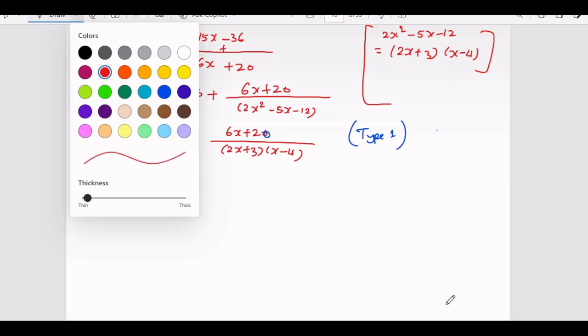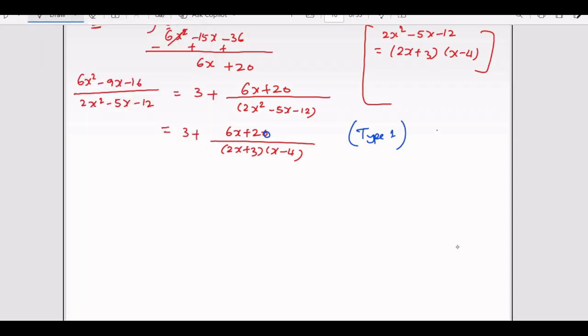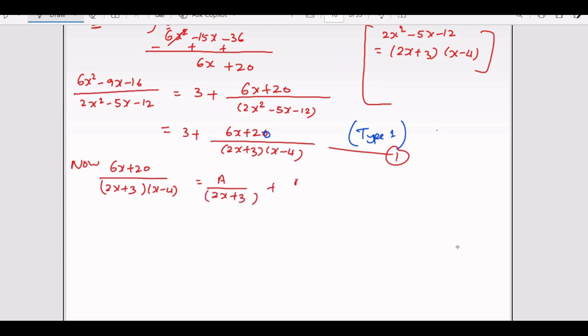I can write it down. I'll just take only this part. Let's call this equation 1. So now I'm just taking 6x plus 20 over 2x plus 3 times x minus 4. This will be equal to A over the first factor, 2x plus 3, plus B over the second factor, x minus 4.